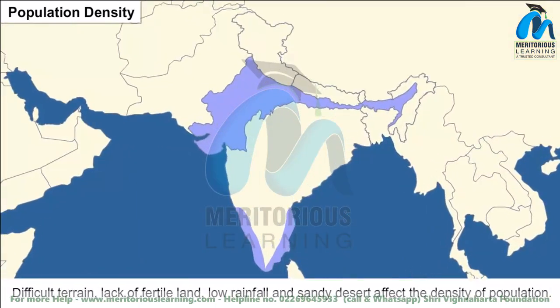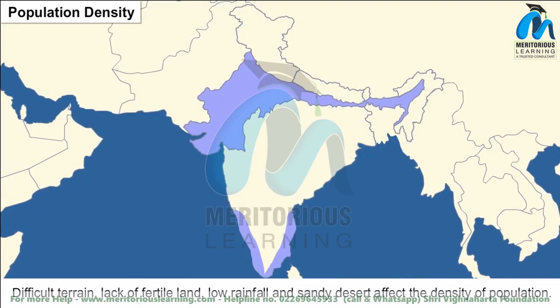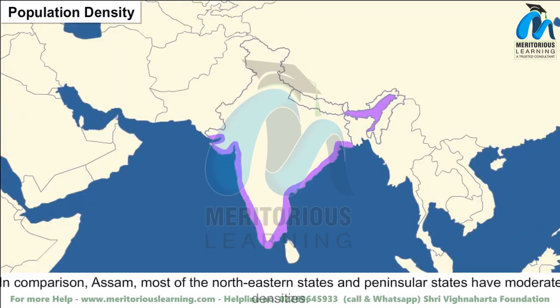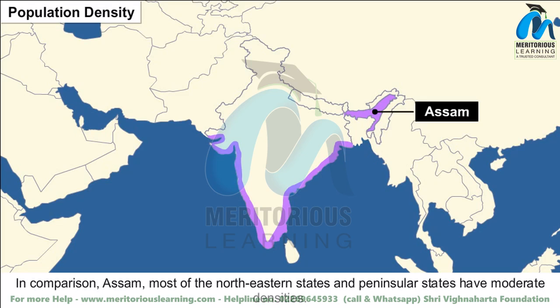Due to fertile land and abundant rainfall, the states in northern plains and coastal areas of Kerala and Tamil Nadu are thickly populated. In comparison, Assam, most of the northeastern states and peninsular states have moderate densities.